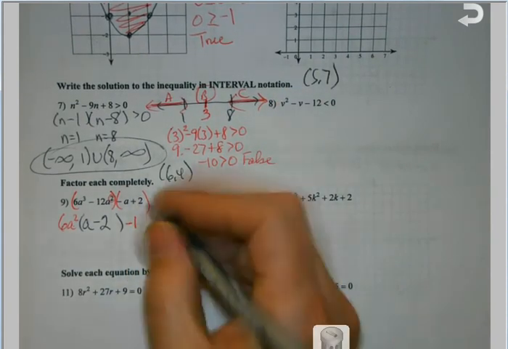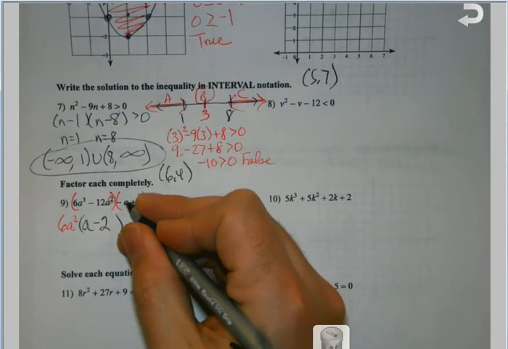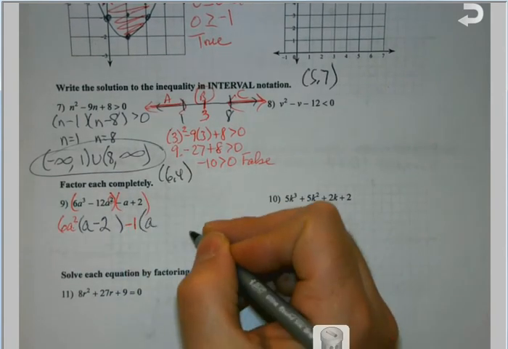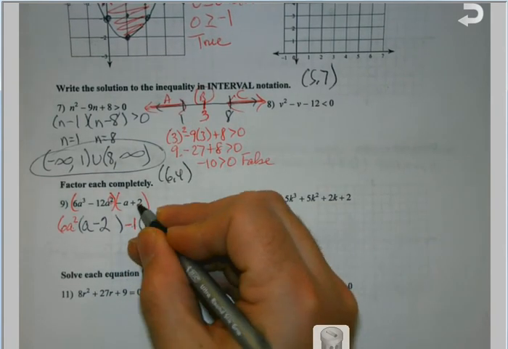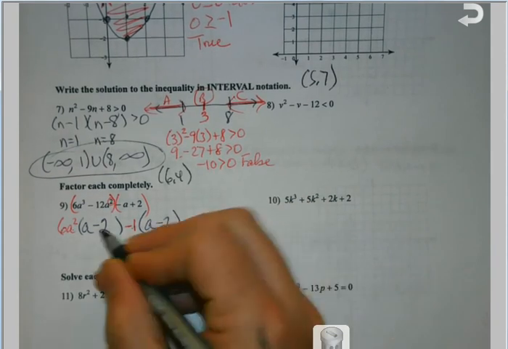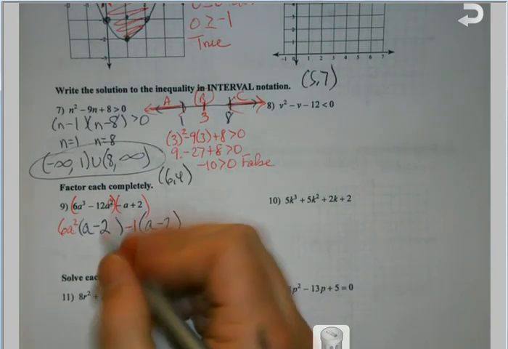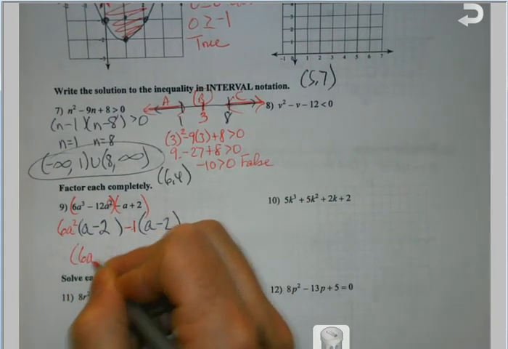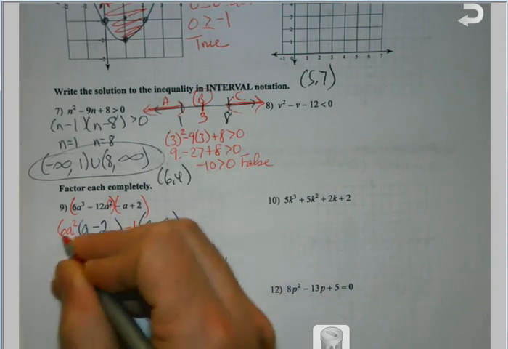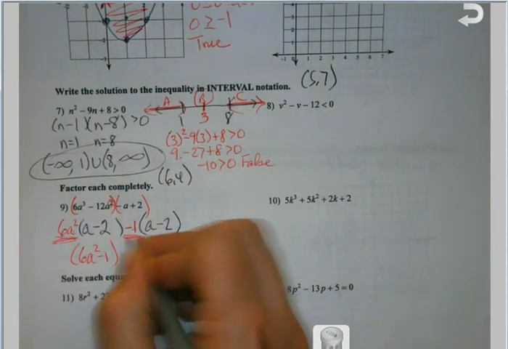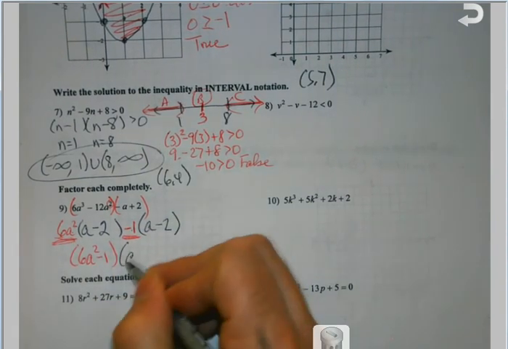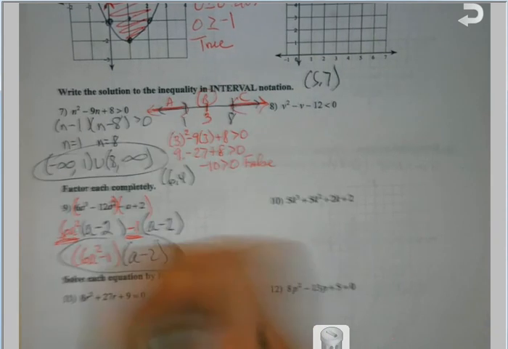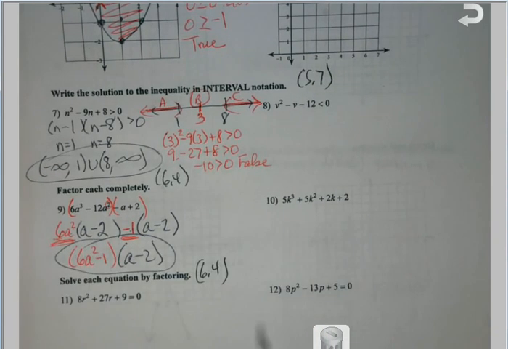Let's see. -1 times what gets me -1A? A. -1 times what gets me to 2? -2. They're the same. I'm a happy camper. So then my answer, I got to finish the form. Take your greatest common factors, put those together, and get that in there.